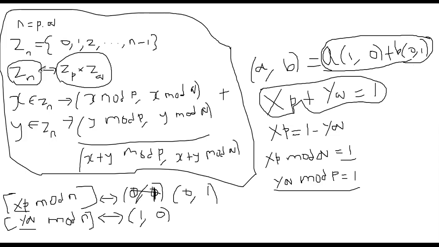How is this going to help us in doing computations faster? First of all, you need to convince yourself this is a one-to-one mapping. That comes from basic rules of modular arithmetic, and P and Q being primes will help you establish that this transformation from Zn to the ZP, ZQ pair is actually a one-to-one function.